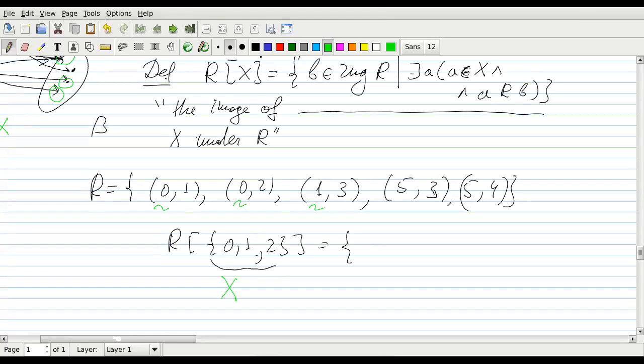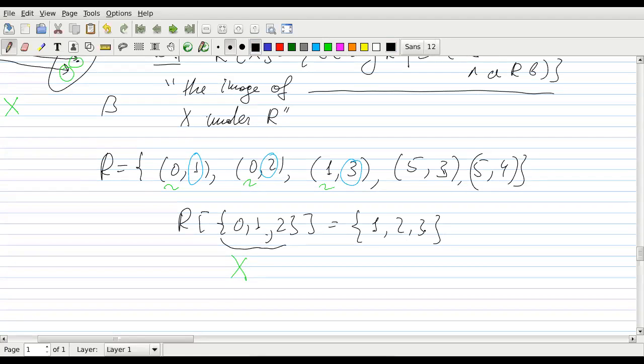Is it clear? Yes. What are the respective second coordinates? 1, 2, and 3. So it is just {1, 2, 3}. Is it clear? Yeah, thank you.